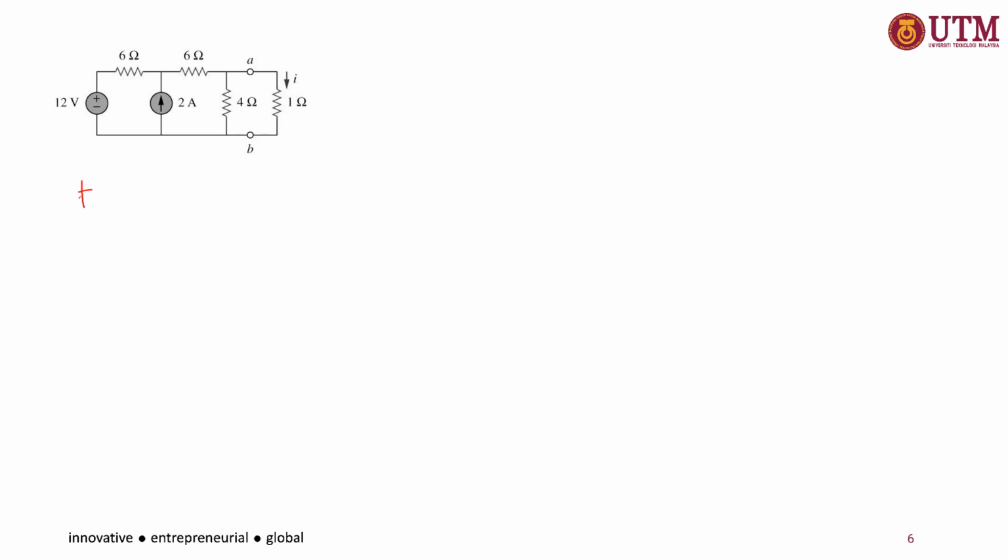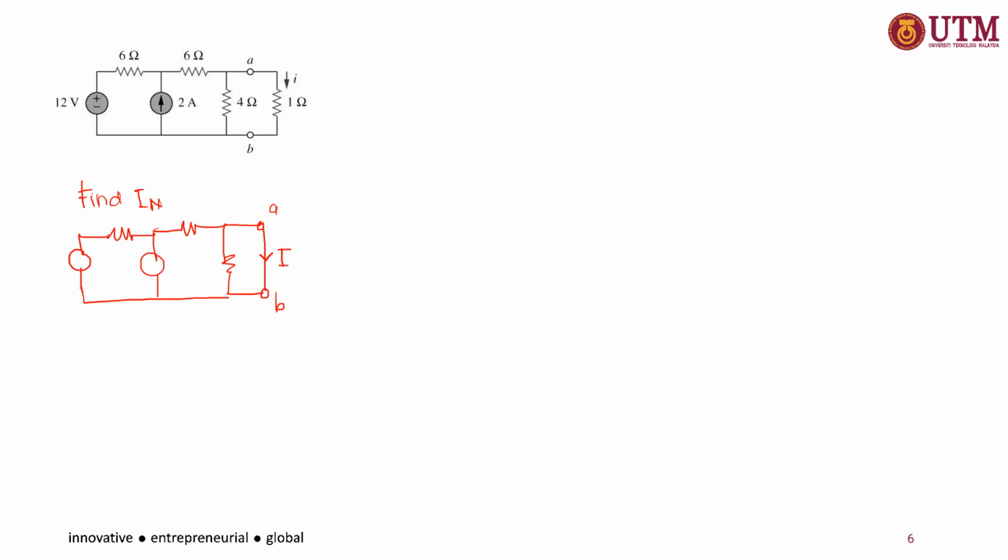And the next step, we want to find the IN. Okay, so from the first circuit in step 1, at this terminal A and B, we need to do a short circuit.